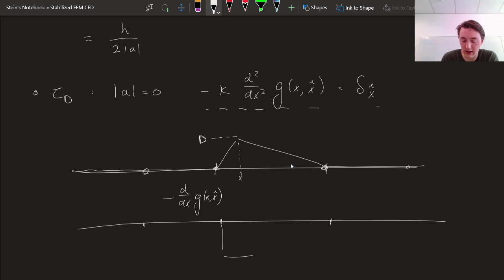And then a less steep negative function multiplied by minus 1, so we get that. Now we know that if we multiply that by kappa and take the derivative, we have to get the Dirac delta distribution, which meant that the jump here, that's going to be the Dirac delta distribution, once we multiply by kappa, has to be equal to 1. So this height difference has to be equal to 1 over kappa.